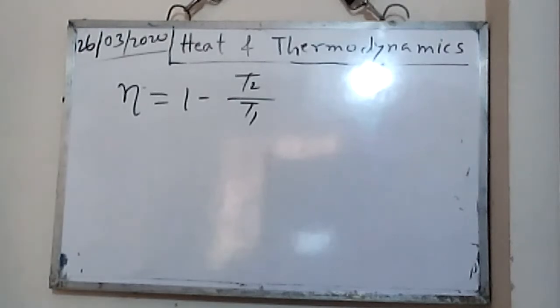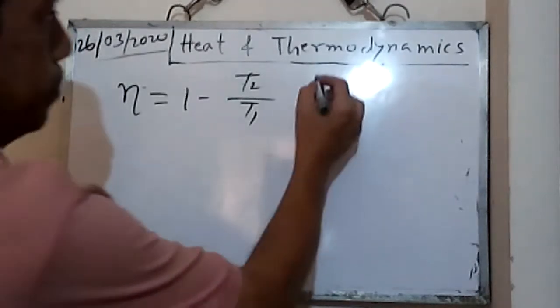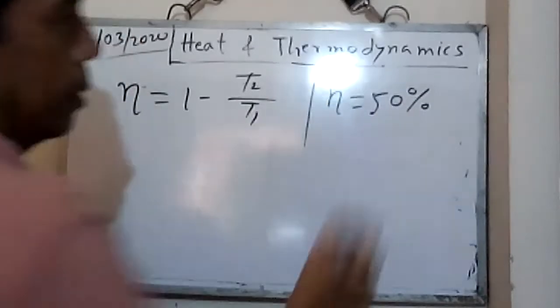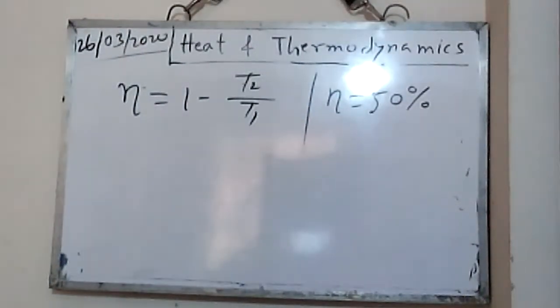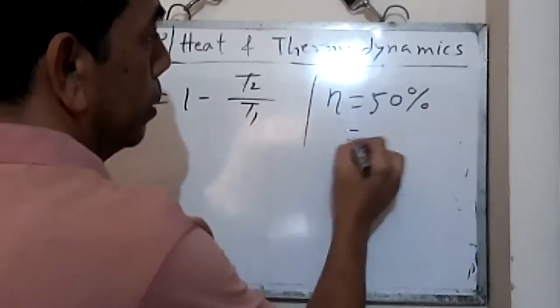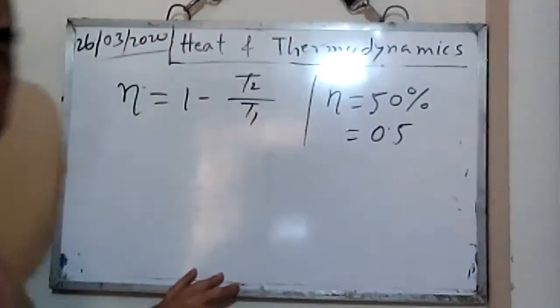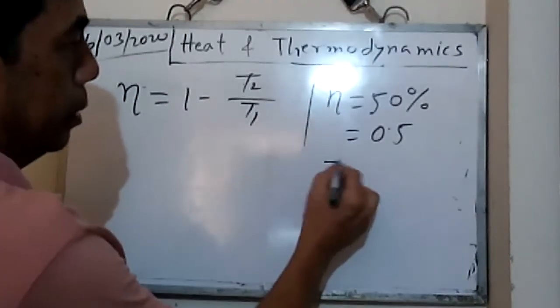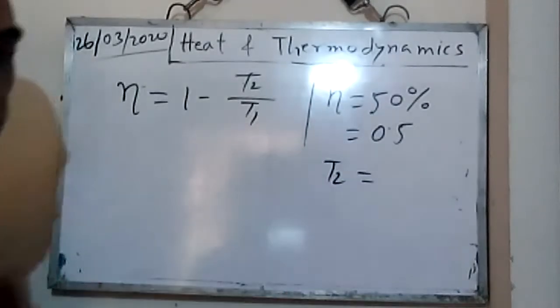Carnot engine is given, this is 50% efficiency, eta equal to 50%, that is 0.5. And the low temperature reservoir, that is the sink, the temperature of the sink, T2, is given.